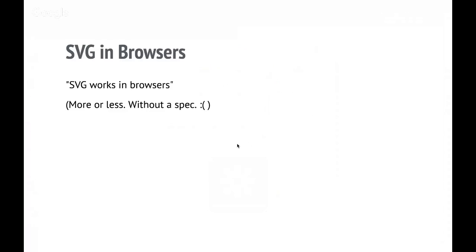This is a roughly true statement. It more or less works in any modern browser you're likely to use. There is no clear specification of what works. And that's kind of tricky if you're trying to actually use it. Hopefully, SVG 2 will document that better, but we will come back to that question in the future.